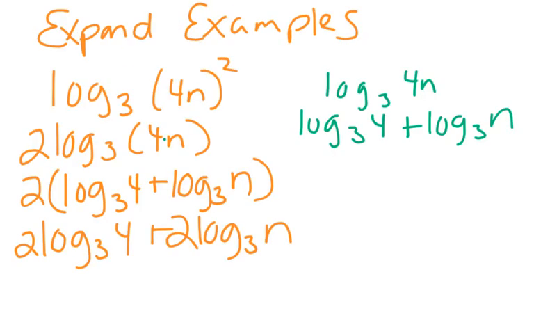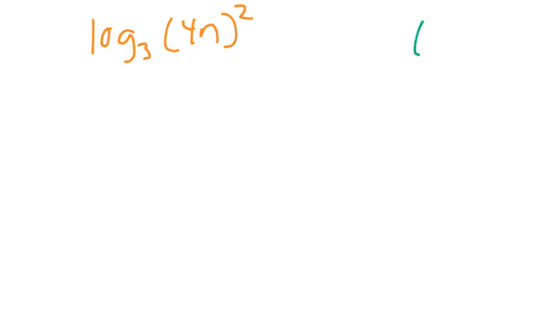A different way to do that problem, same problem, so it's log base 3 of 4n all squared, is you'll remember that just a moment ago I said this 2 goes with both the 4 and the n. That is using your properties of exponents. So again, I'm writing this out to the side as a part of explaining it.